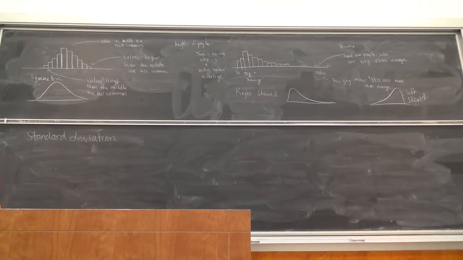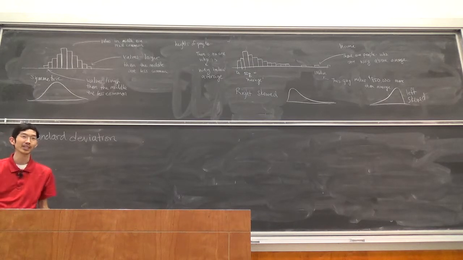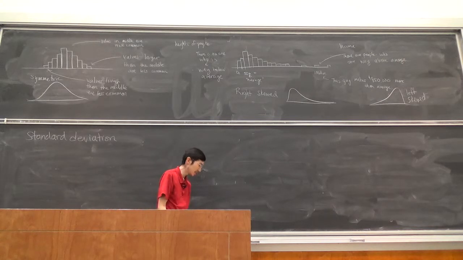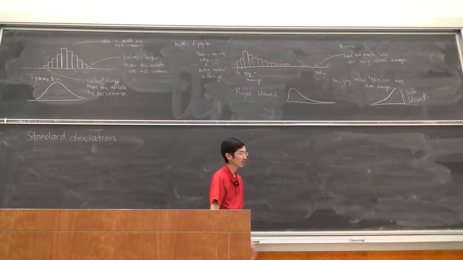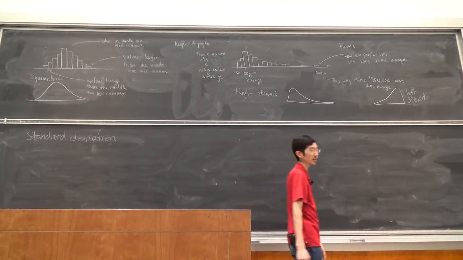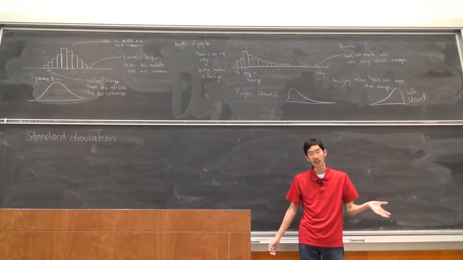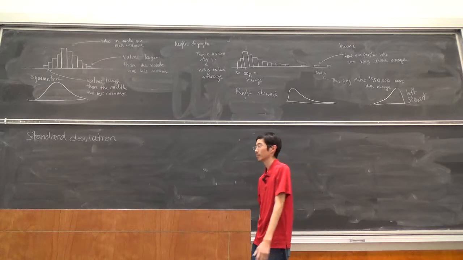You're making 10,000 less than average. Or someone else who makes $100,000 per year, what's their difference from average? 50,000. They're making 50,000 more than average.